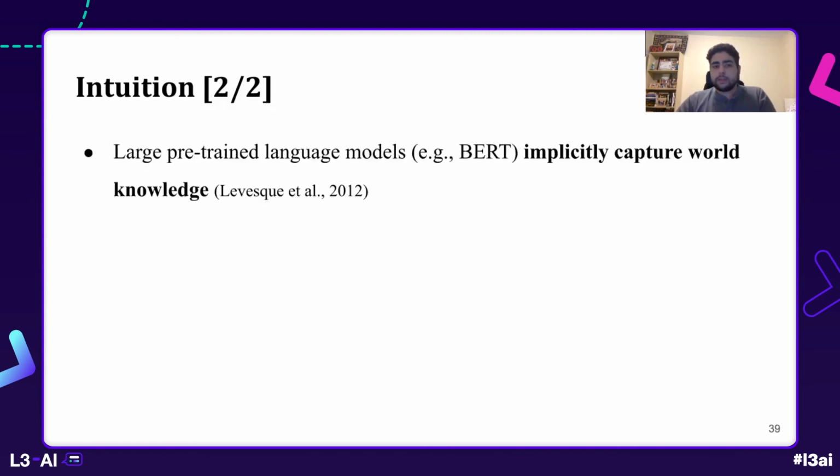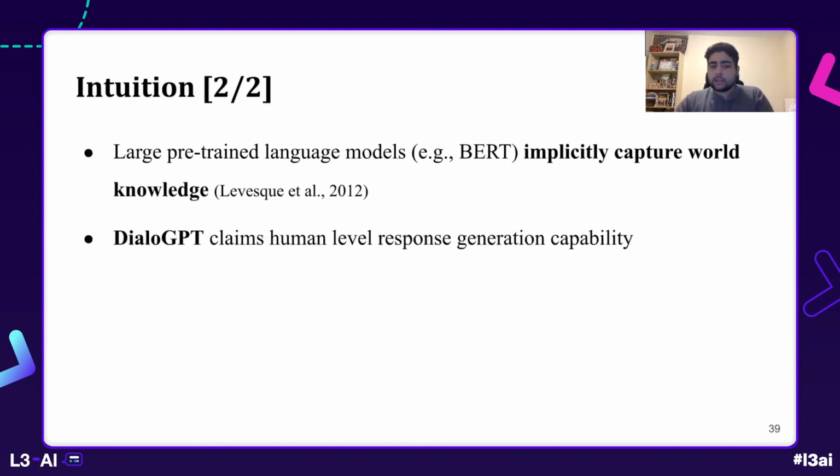The next piece of intuition is that large pre-trained models, such as BERT, have been shown to implicitly capture world knowledge. DialoGPT, which is another large open-sourced pre-trained language model, claims human-level response generation capability.